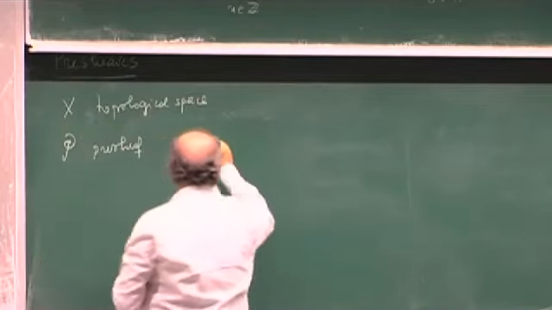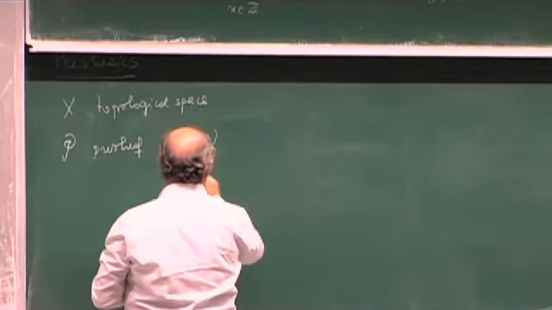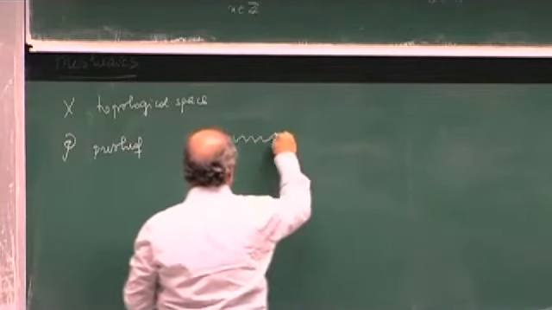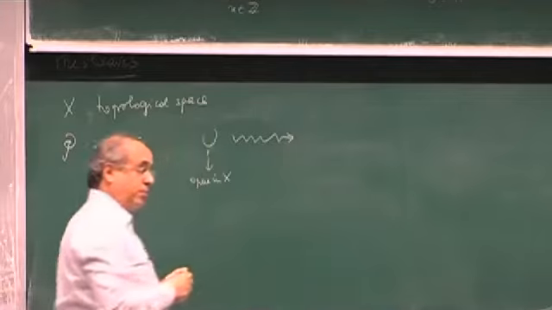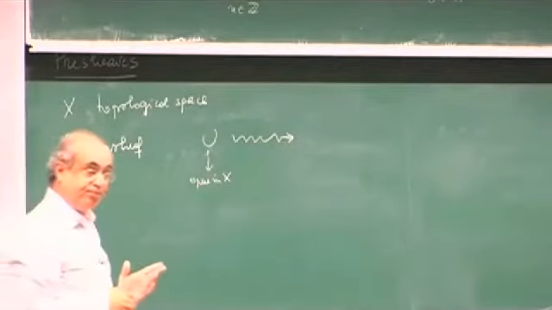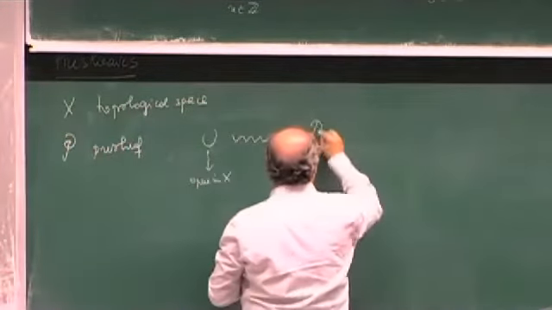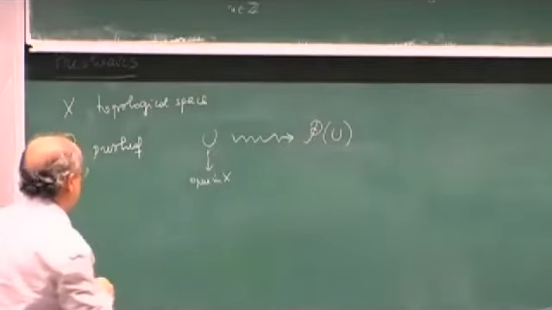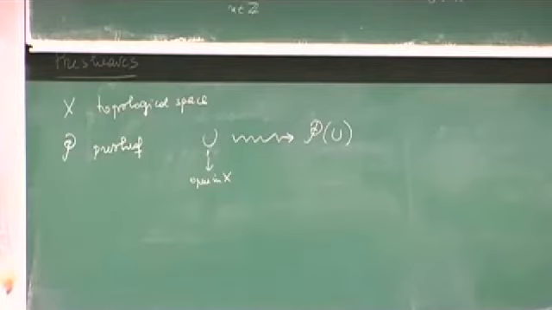The idea is that whenever you have U, which is an open in X, to this you associate an abelian group that I will call P of U. But we want that this assignment satisfies some locality property.